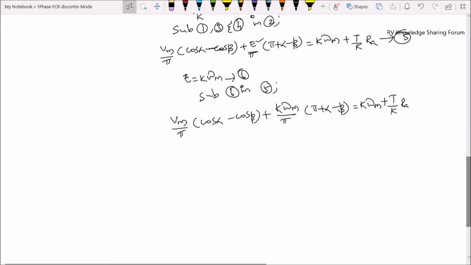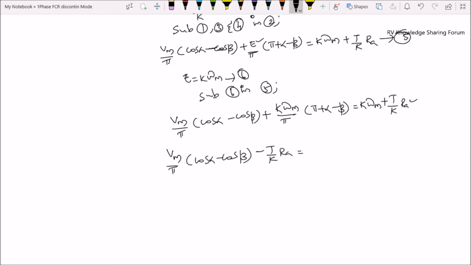Okay, so now let me take all the speed terms at one side. So Vm by pi (cos alpha minus cos beta) minus T by K RA, I am bringing this minus T by K RA to the left hand side, equal to K omega m, and I am bringing this term to the right hand side because I want to make all the speed terms at one side. Minus K omega m by pi into (pi plus alpha minus beta).